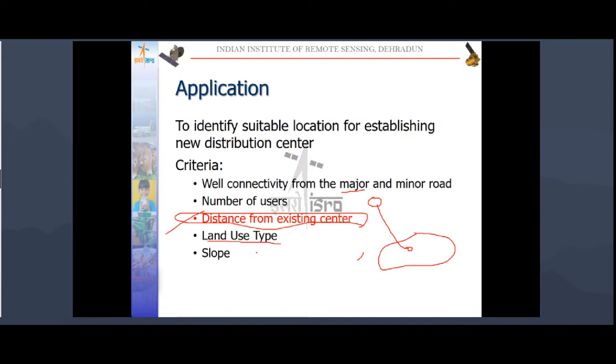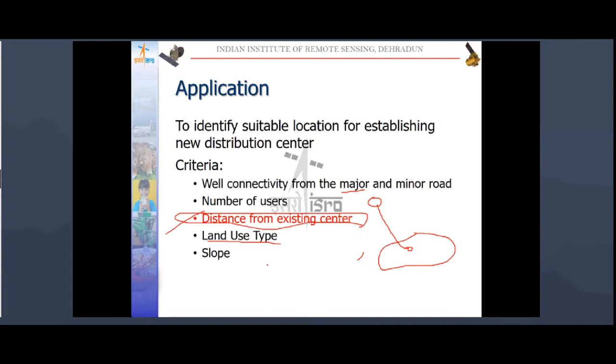In a district like Uttarakhand, where the topography is very undulating, slope is also a major criteria. You cannot establish a distribution center on a region having slope of 45 degrees or 50 degrees. So you need a gentle slope to establish the center. So these are some of the criterias.